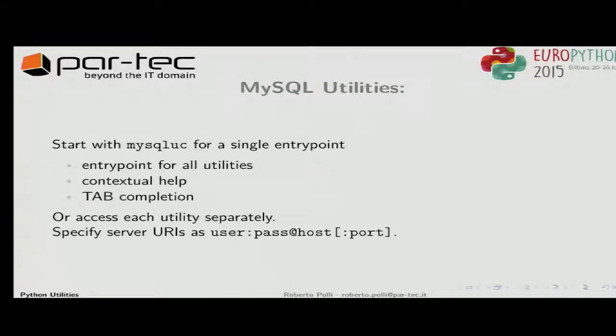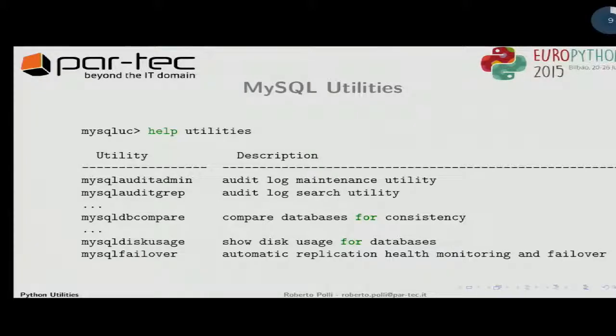So, how to use MySQL Utilities? It's simple. Just type mysqluc, and you are in a new command line client environment, a unique entry point for all the utilities. It has contextual help and tab completion, or otherwise you can access each utility separately. So what can we do with the utilities?